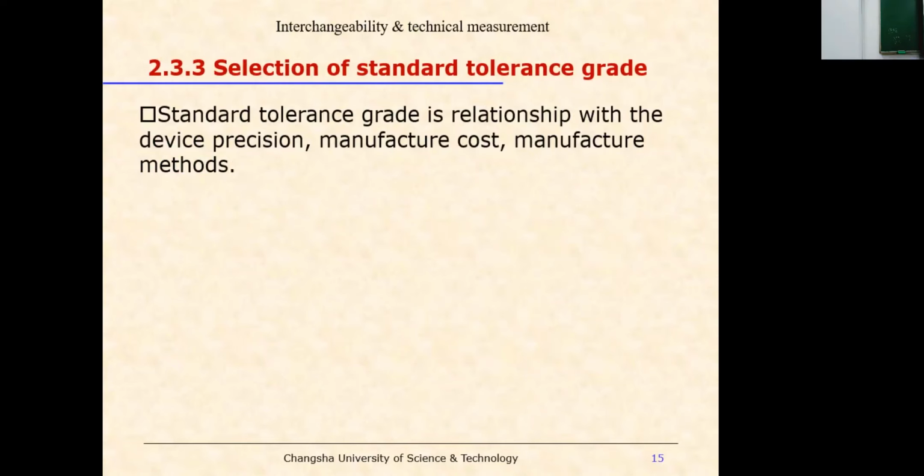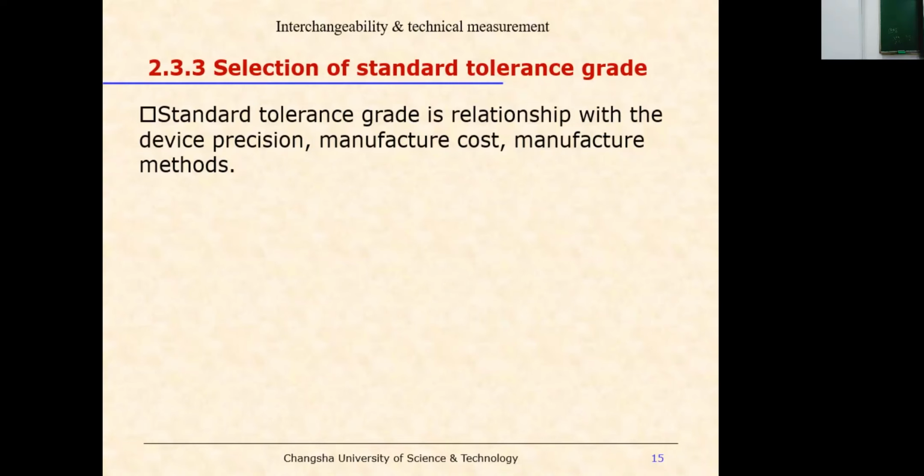When we need to assemble or disassemble, or remove the part, or when we repair the part, we use the transition. When we need concentricity, we use the interference type.